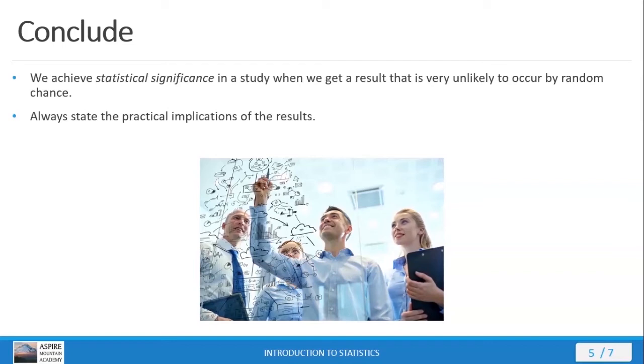For example, perhaps you're a medical researcher studying cigarette smoking and ulcers in an attempt to investigate what, if any, relationship exists between the two. Whether one exists or not will be revealed by, among other things, whether or not you have achieved statistical significance in your study. Regardless of your results, however, you always want to declare the practical implications of your results.